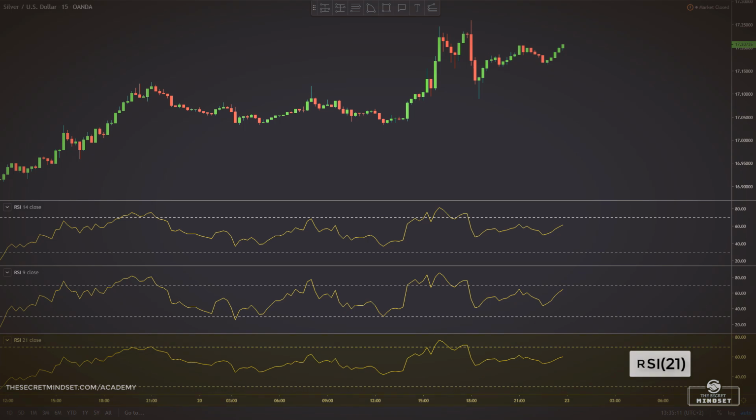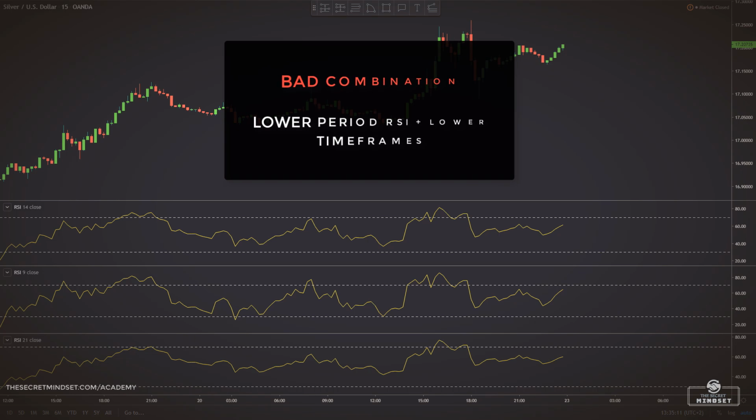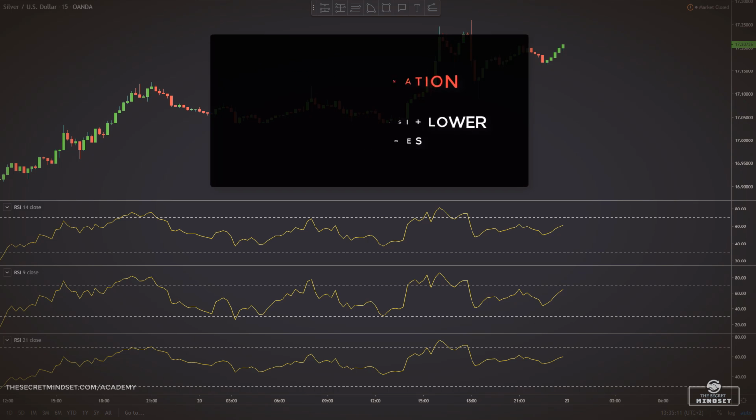Depending on your trading style, you can lower your RSI period to increase sensitivity, or you could raise it to decrease sensitivity. Keep in mind that on lower time frames with lower RSI settings, you will get a lot of false signals because the indicator will have increased sensitivity. So maybe it's better to increase the value of the RSI if you want to backtest it on smaller time frames.